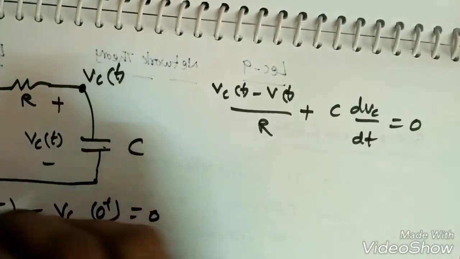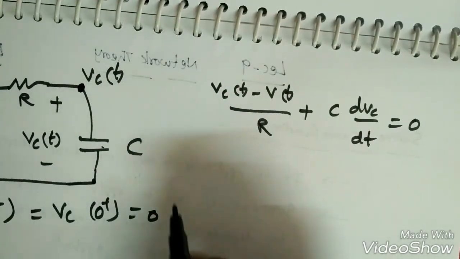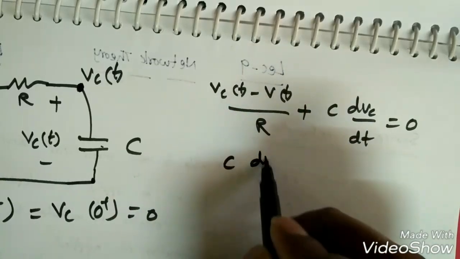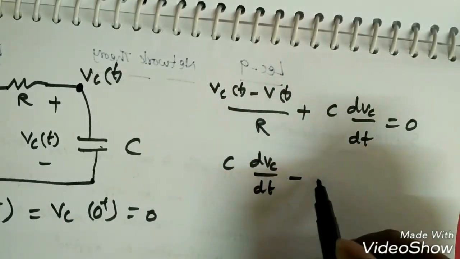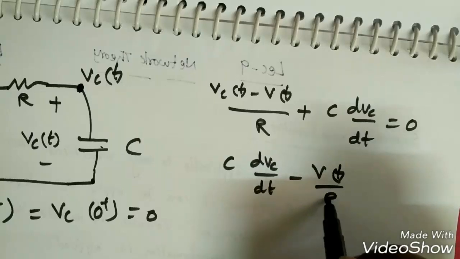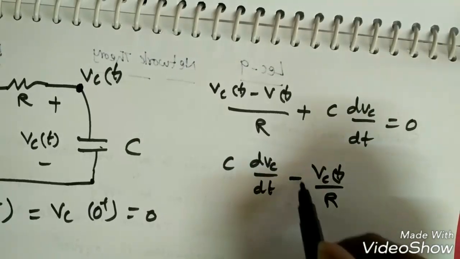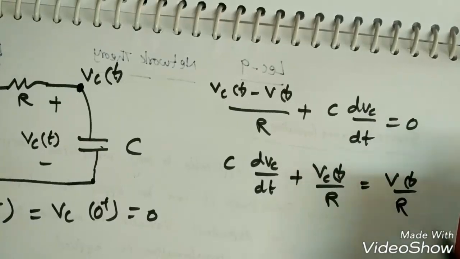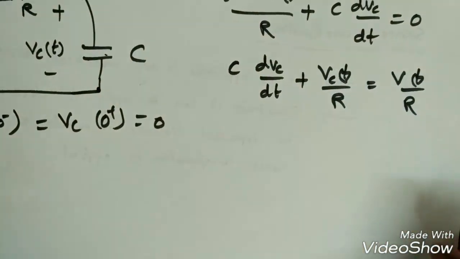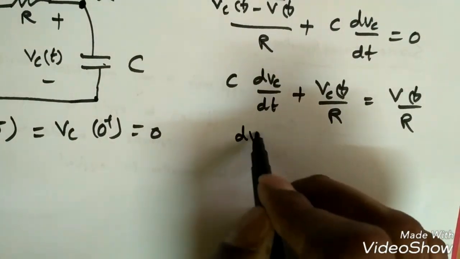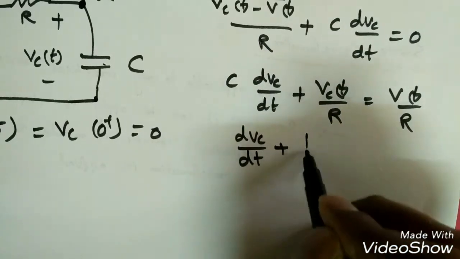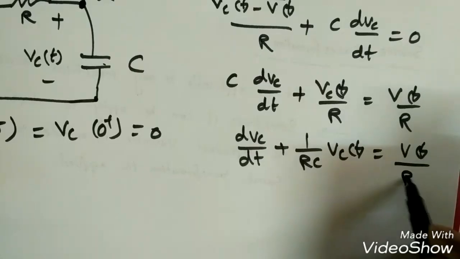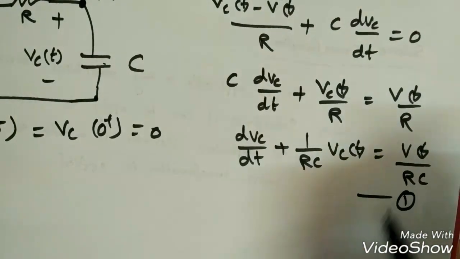If you want to find the current, we can follow the same procedure as the previous series. Now if I take C dVc by dt plus Vc of t by R is equal to V of t by R. Taking C outside, dVc by dt plus 1 by RC Vc of t is equal to V of t by RC. So this is equation 1.